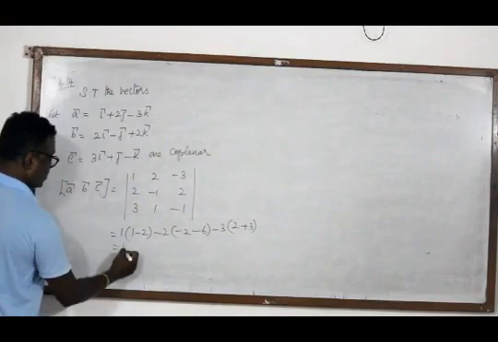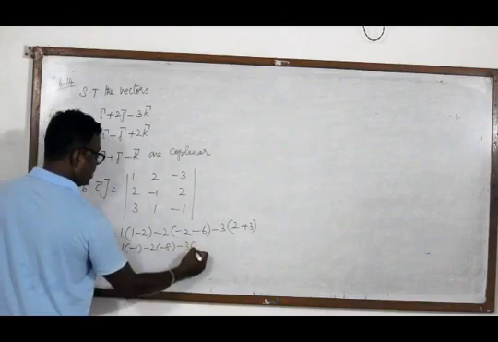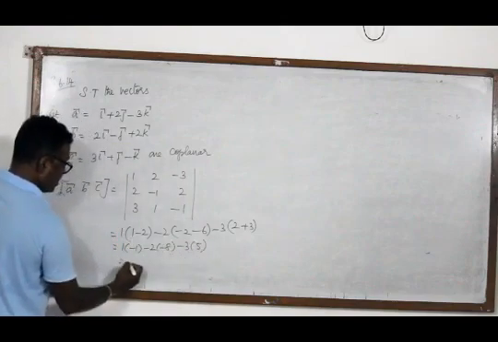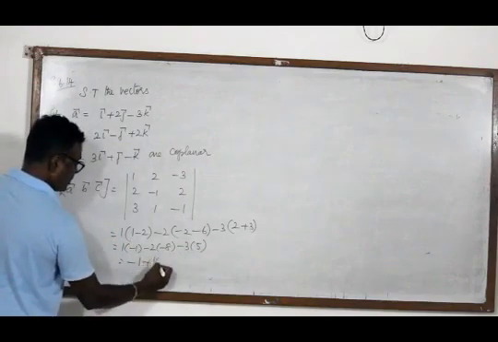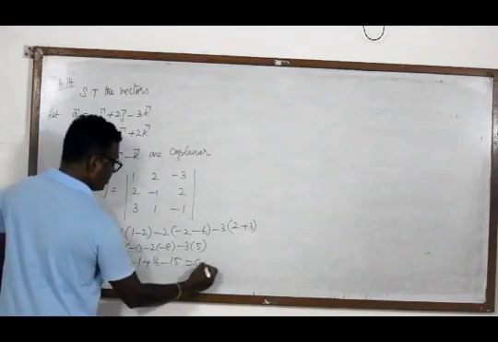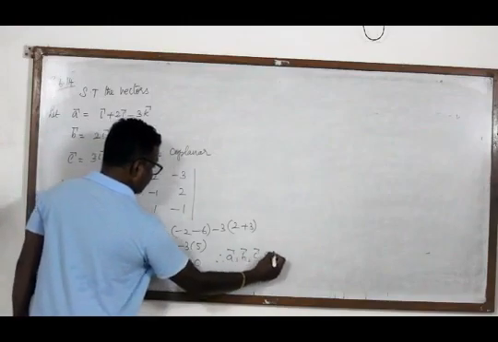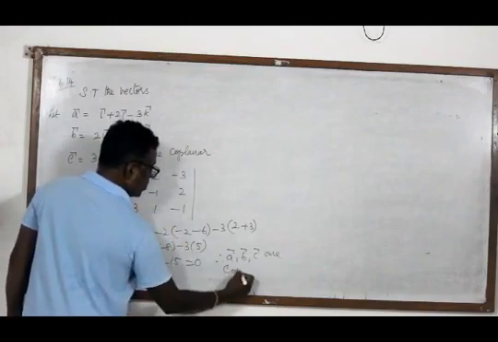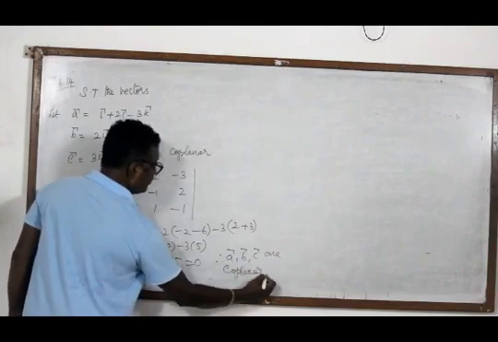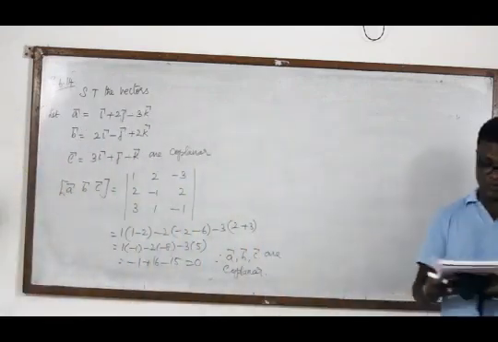So the answer is 1 into minus 1, minus 2 into minus 8, minus 3 into 5. It is minus 1 plus 16 minus 15, 16 minus 16, 0. Therefore, A vector, B vector, C vector are coplanar. This is example 6.14.